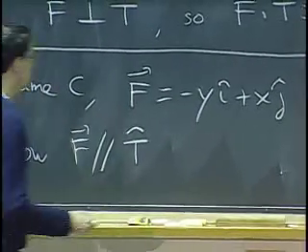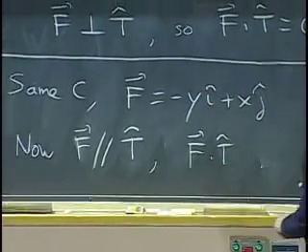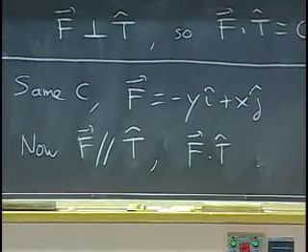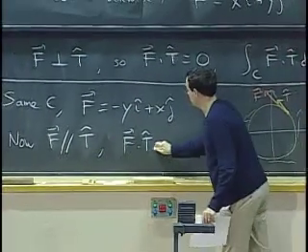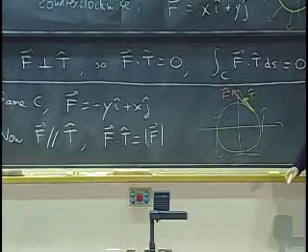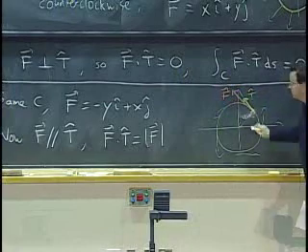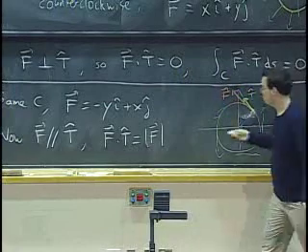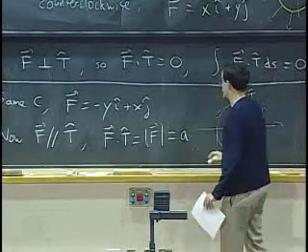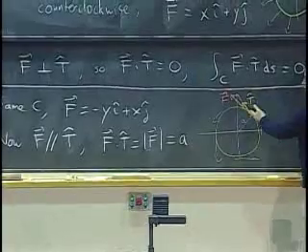So that means that the dot product f dot t, remember that's the component of f in this direction, will be the same as the length of f. But what's the length of f on this circle if the radius is a? It's just going to be a. That's what we said earlier about this vector field. So at every point, this dot product is a.